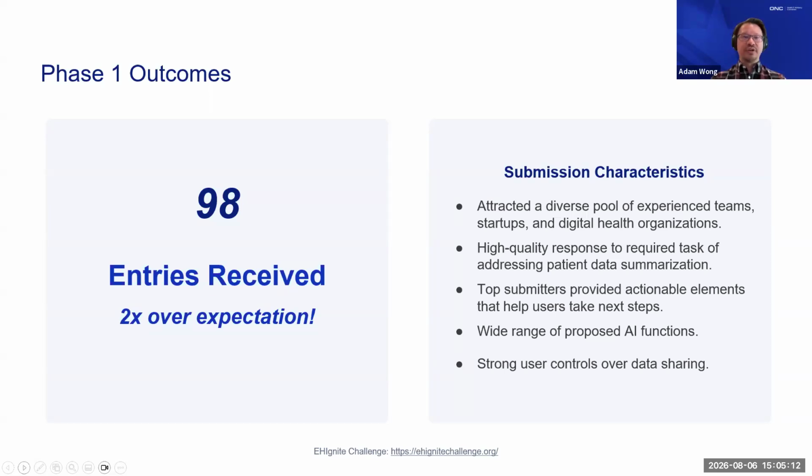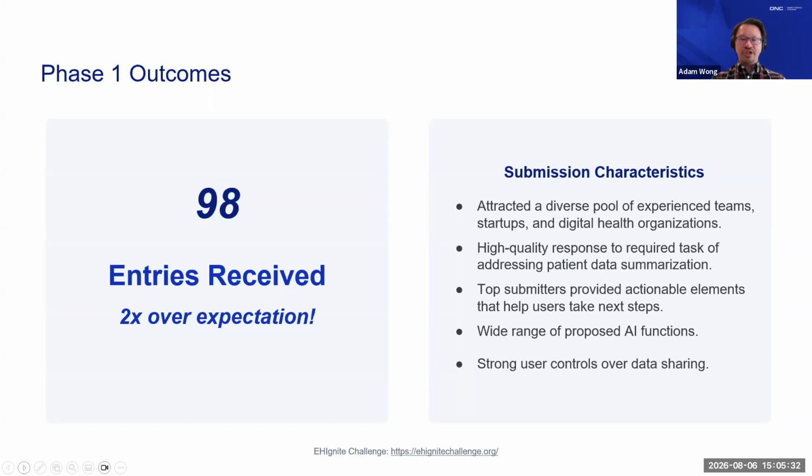The top submitters really provided actionable elements that help users take the next step. And obviously, that helps all the users really know what to do next, and how they should go about it.